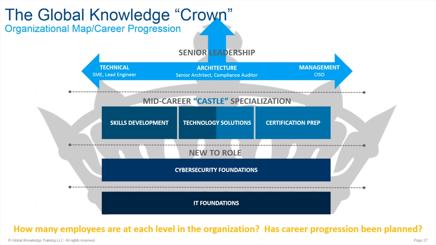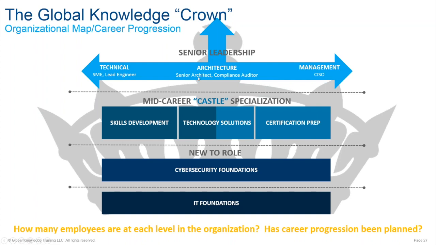Same thing has happened in the medical profession. It used to be general practitioner doctors would do everything, and now we have different types of doctors, from oncologists to surgeons, to allergists, whatever. So there is specialization, and that is a sign of maturity in a technological field. It shows that the complexity is there to support specialization. So at mid-career, we expect students to start to specialize in particular areas of cybersecurity.